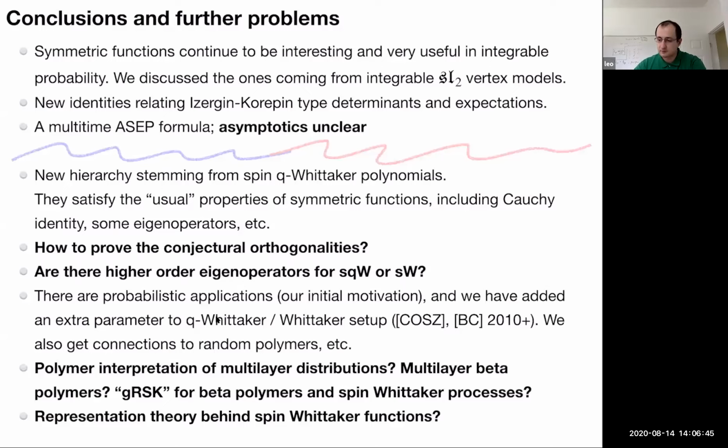Yeah, we certainly use that type of connection between the vertex models and Schur measures, but to actually analyze the determinants and derive some information about the symmetric vertex model, I don't know. I didn't even Google what the asymptotics of Izergin-Korepin determinants are. Well, there are multiple parameters. That's the problem. If you set them all to 1, then there is the six-vertex partition function, and there is asymptotics. But yeah.